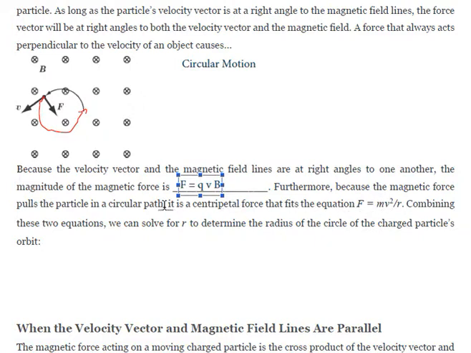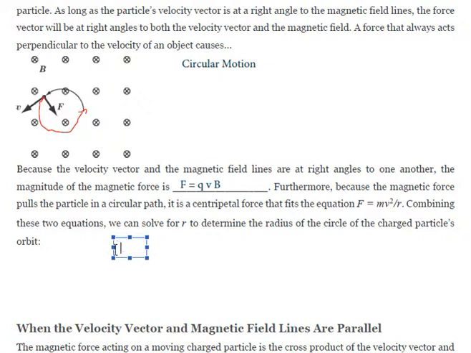Heck, it might even be a stretch for AP1. That was a long time ago. We have an equation for centripetal force, force that causes things to move in circular motion. This is an equation from mechanics, mv squared divided by r for centripetal force. If we combine these two things, since in this case they're the same thing, we can solve for r to figure out how big of a circle we'll have.